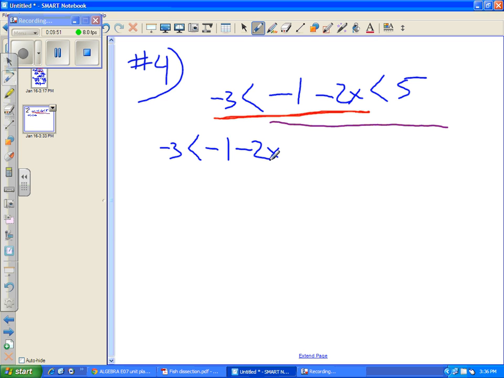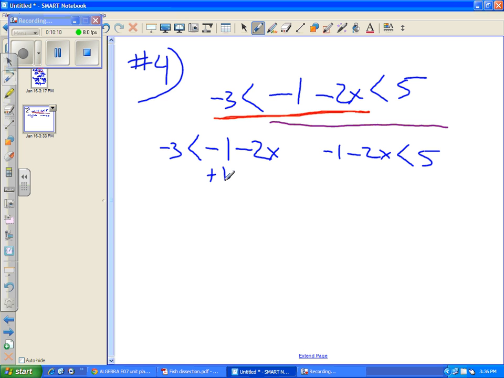That's the one in red. And the other one is negative 1 minus 2x is less than 5. That's the other one that I copied down. These are two different problems; you treat them as two separate equations and you combine them back at the end.